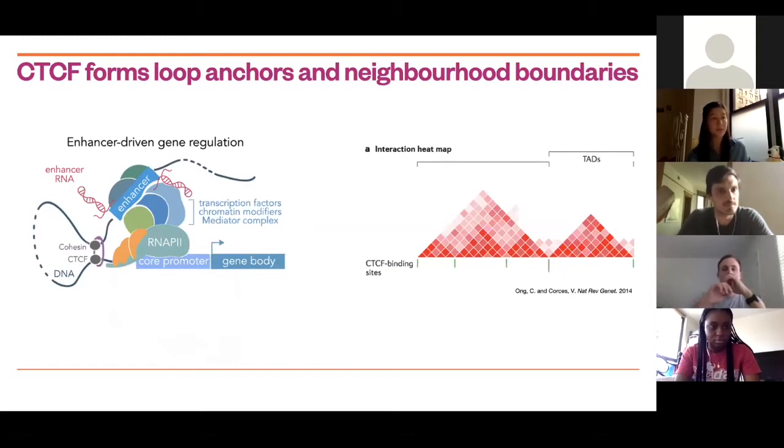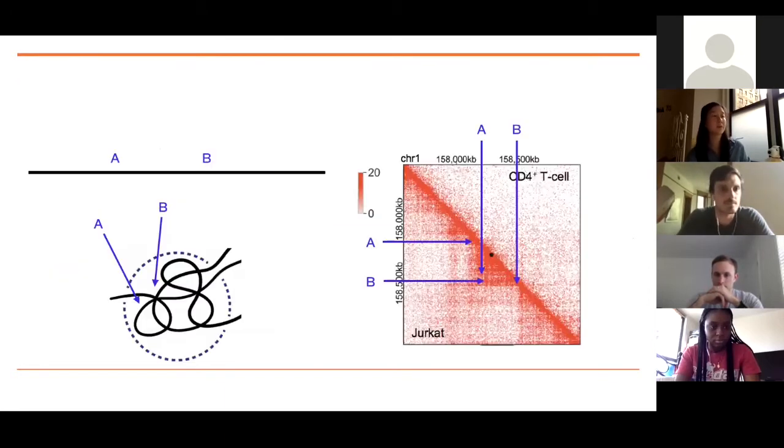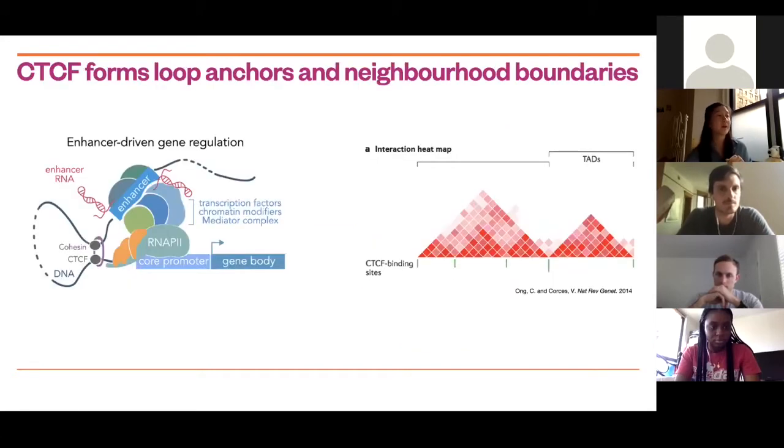We have all these interactions and interaction neighborhoods, and the way that these interactions are regulated partially is by CTCF. For every loop that you can see based on your Hi-C assay and all these schematics, every loop has this protein called CTCF, which is found at the base of the loop.